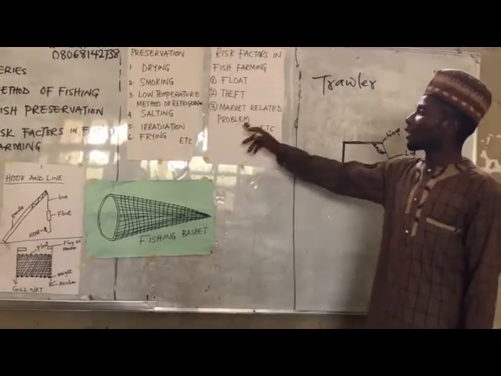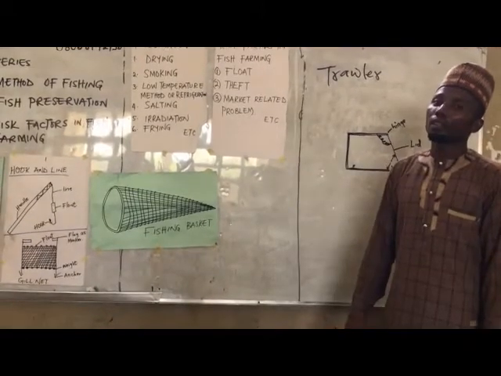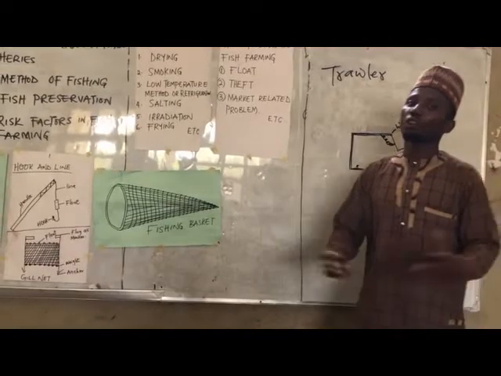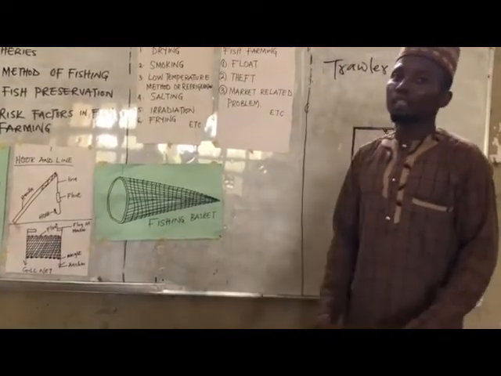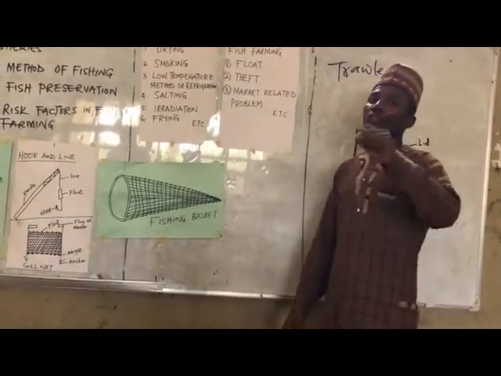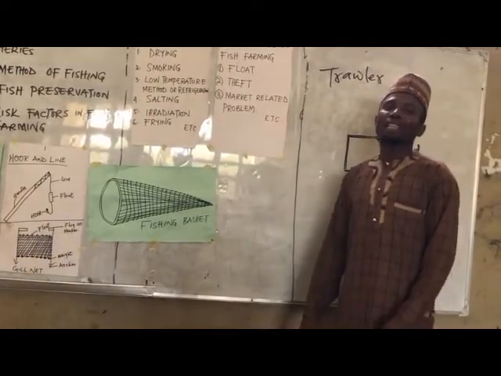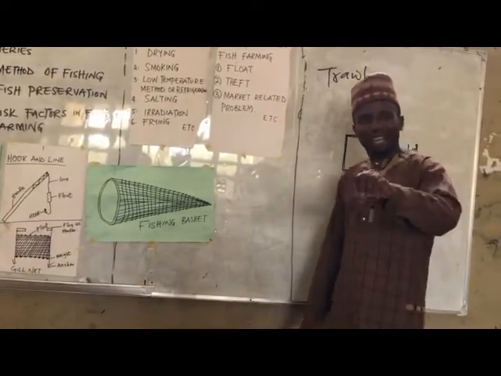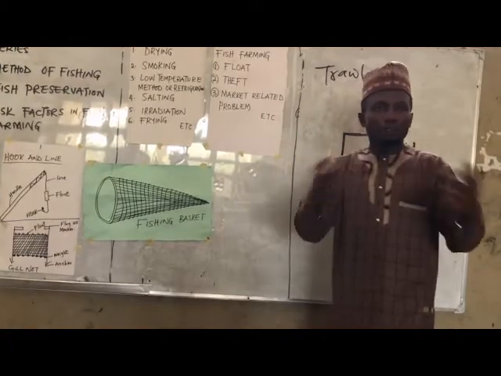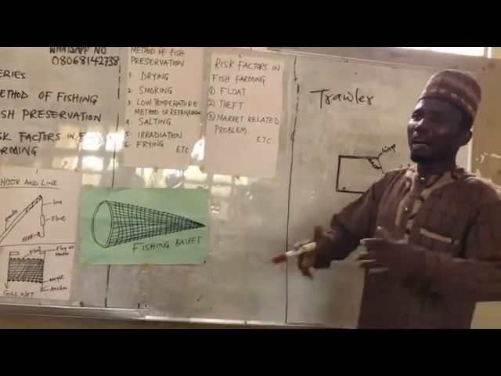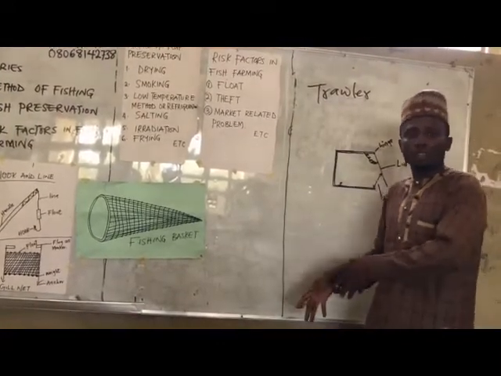Then we have market-related problems, especially for a starter that is just new in the business. If you are producing fish for the first time, you have the problem of marketing. At this point you will not have customers, you don't have buyers, and since you don't have buyers, you have your fish in stock.